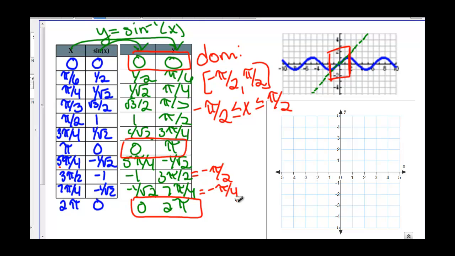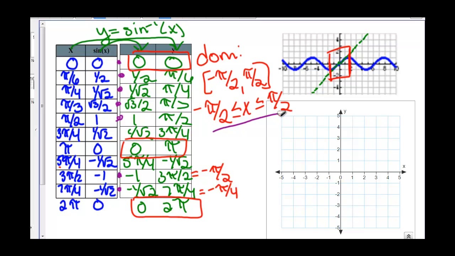And then we go back up to 0, 1/2, 1 over square root of 2, square root of 3 over 2, and then pi over 2. So these values with the dots are the ones that are between negative pi over 2 and pi over 2. So they're the points we're going to plot.